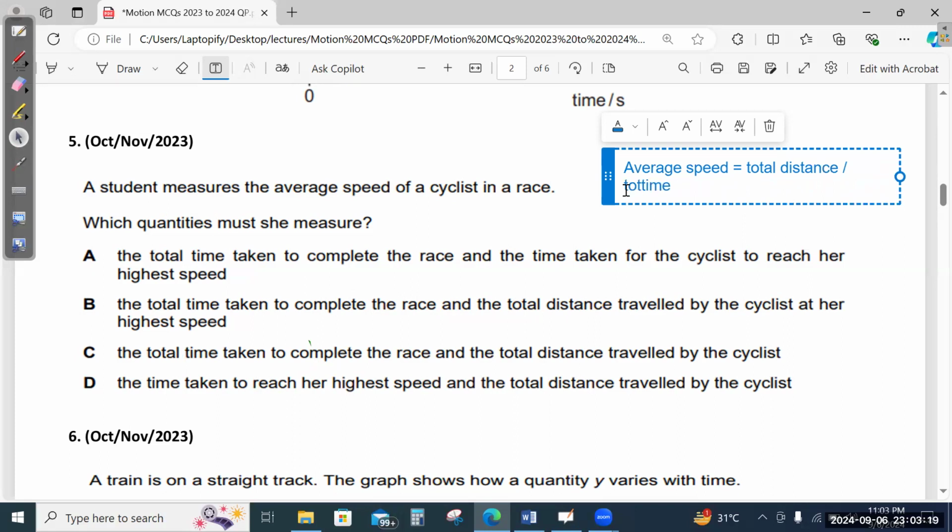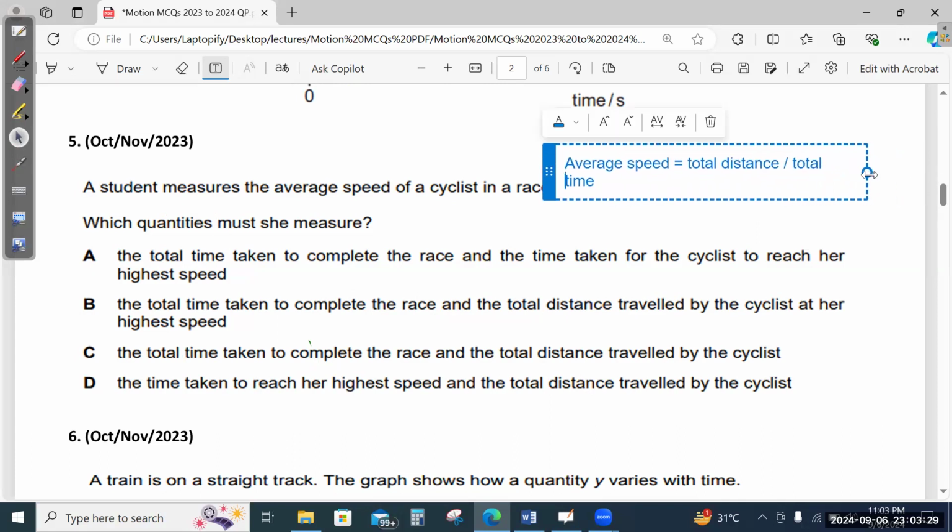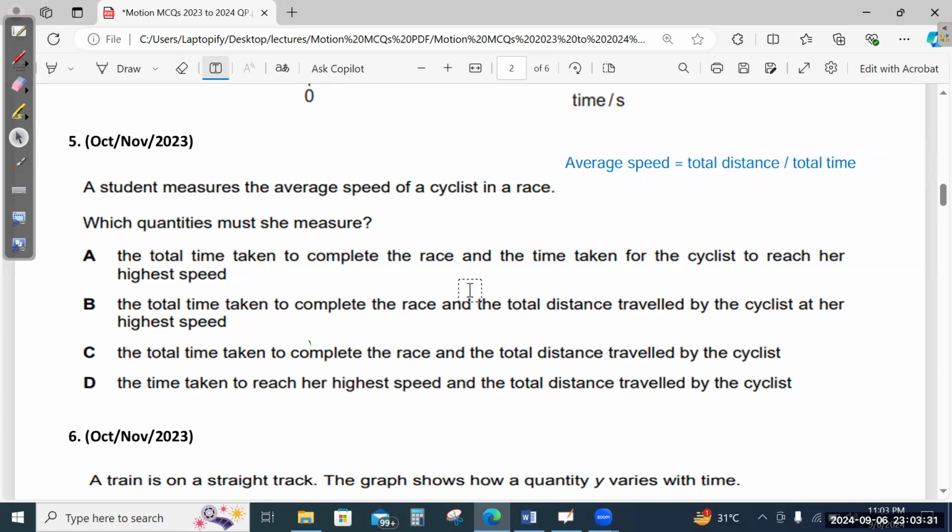Total distance divided by total time. So you have to find the option in which total distance and total time are given. If you look at that, the total time taken to complete the race and the time taken for the cyclist to reach her highest speed, no, this is time and again time, so this is not correct.